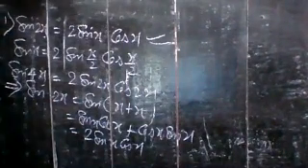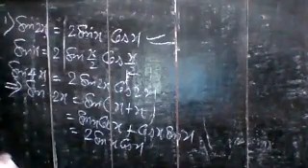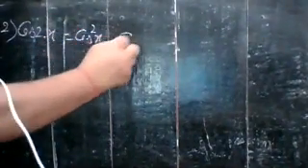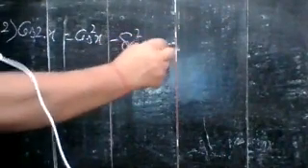In the same way, you have a second identity, cos 2x. Here you have three formulas for cos 2x. cos 2x is equal to cos square x minus sin square x.